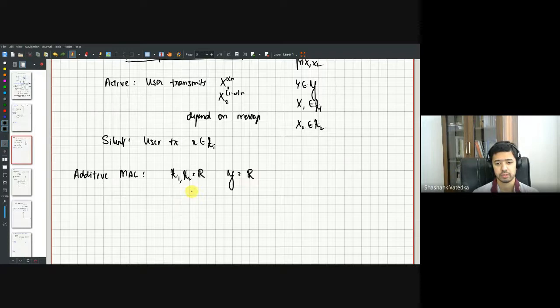And y of i is equal to x1 of i plus x2 of i plus z of i. So when the user is active, it transmits some particular codeword. When the user is silent, maybe the silent user transmits 0.